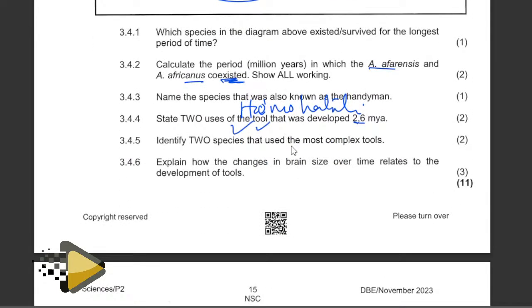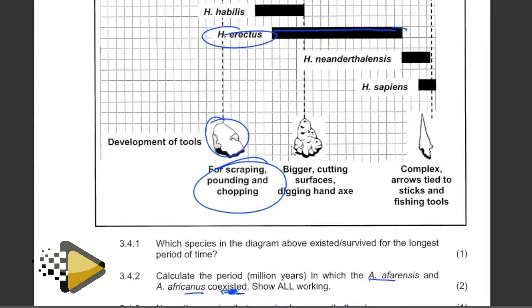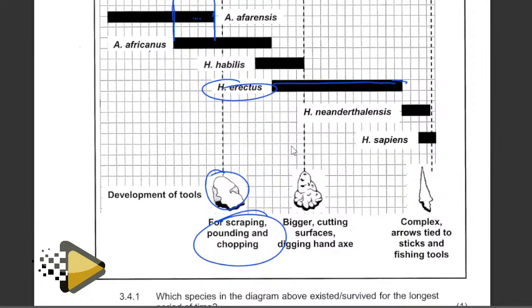Identify 2 species that use the most complex tool. The most complex tool is this one. So if you look at it here, it is the Homo sapiens and the Homo neanderthalensis, or Neanderthals. Sometimes you call them Neanderthals, but Homo neanderthalensis.